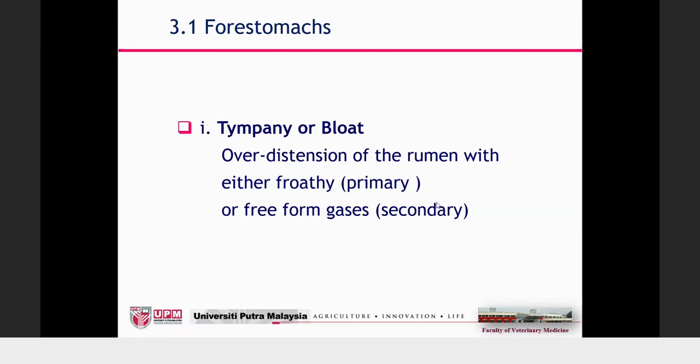That is why it is important to understand whether it is primary or secondary. Similarly, when you talk about stomatitis, you have primary and secondary. The primary one is direct, while the secondary one is a result of systemic infection. The primary one we will discuss later, and also the secondary.